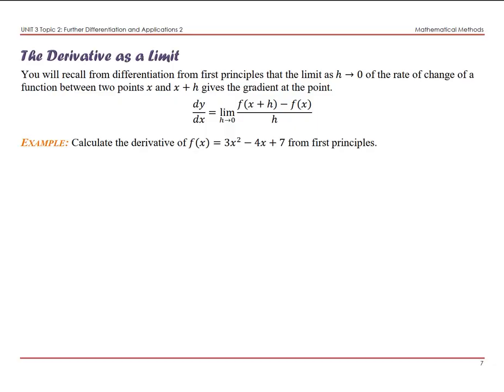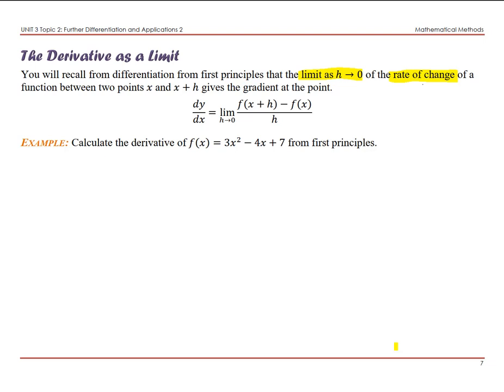So this series of videos reviews everything to do with limits. So let's go back and look at the derivative as a limit, which I already mentioned in the first video of this series. You'll recall from differentiation from first principles that the limit as h goes to 0 of the rate of change.